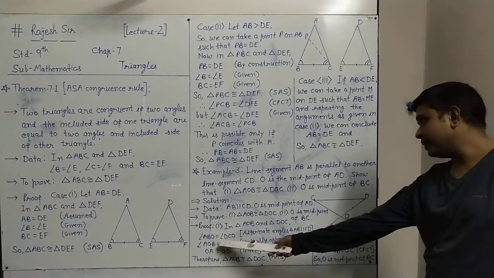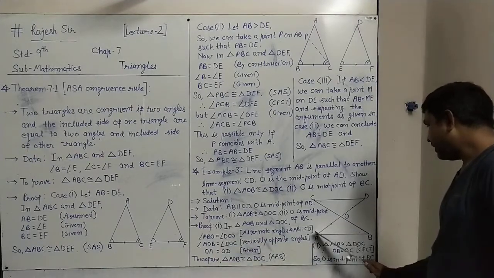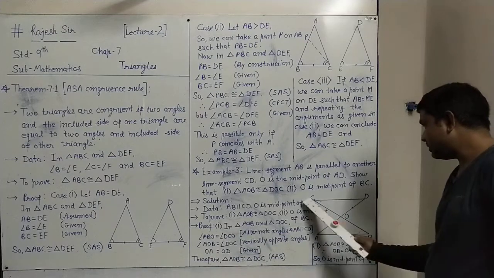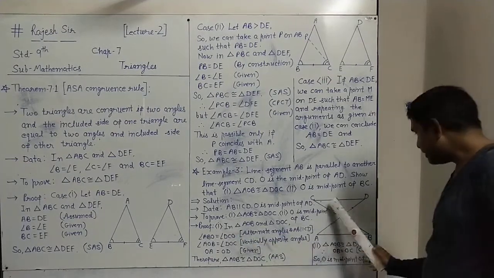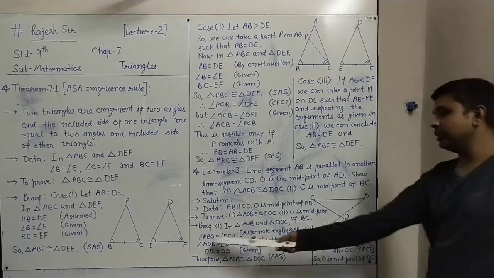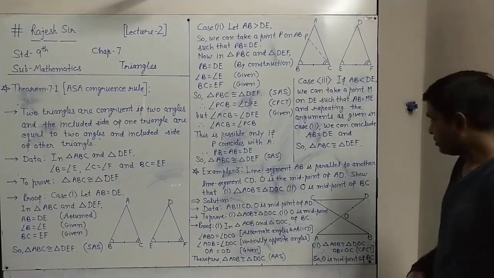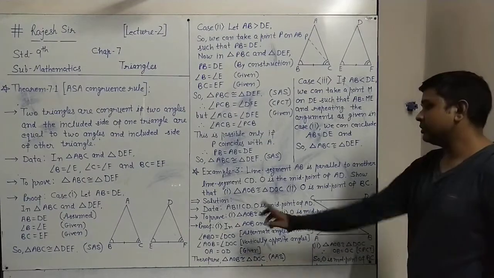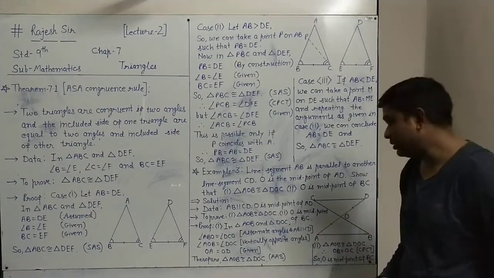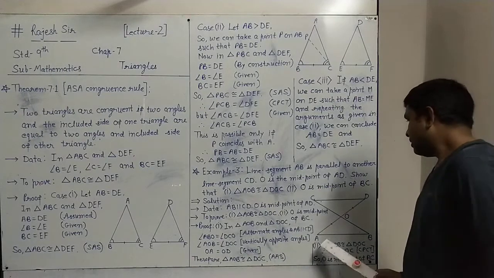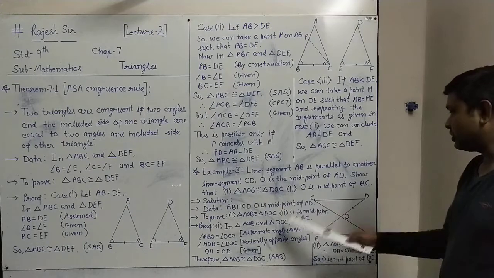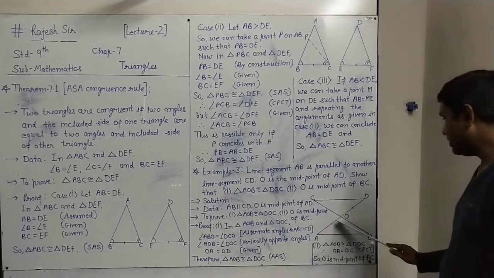So we have shown this first. This angle, ABO, equals this angle, BCO. They are alternate angles and AB parallel to CD is given, therefore they are equal. So this way we have shown these two angles equal: alternate angles between two parallel lines are equal. The next angle, angle AOB and angle DOC, are also equal because they are vertically opposite angles.